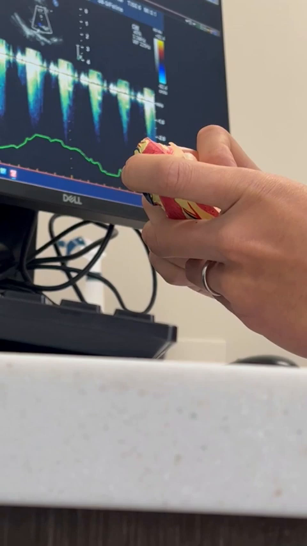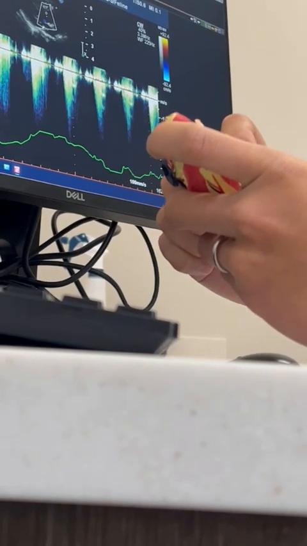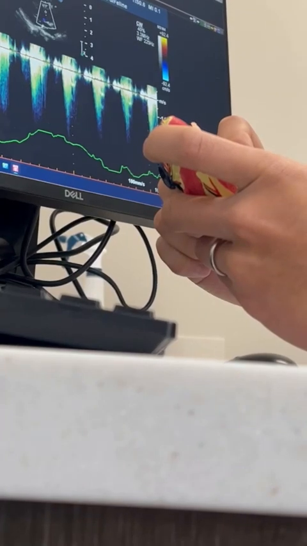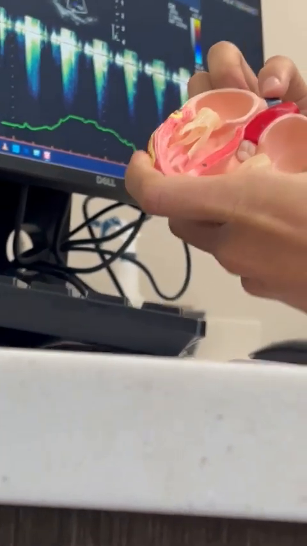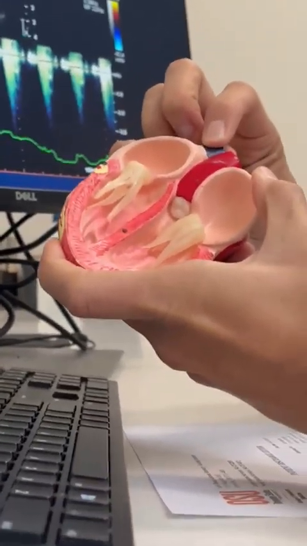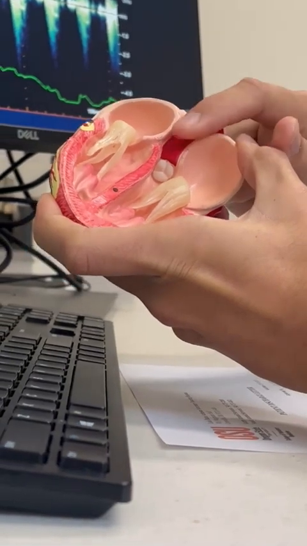The third primary defect is called pulmonic stenosis. Imagine that the pulmonary artery, the lung artery, is here, in pretty close proximity to the aorta.